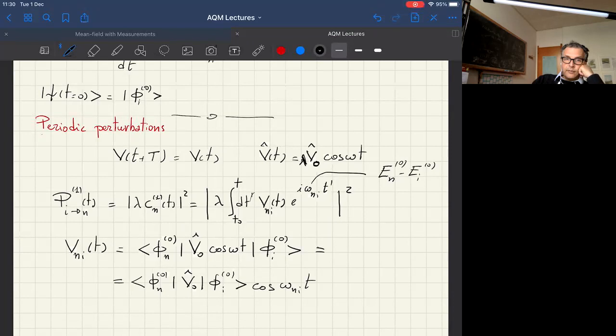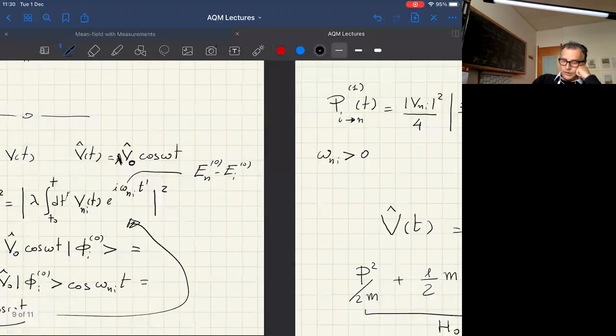So what I'm saying is that I call this V n I, V n I cosine of omega t. Then I just take this expression and put it here and do the integral, and then I take the square. Is this clear?